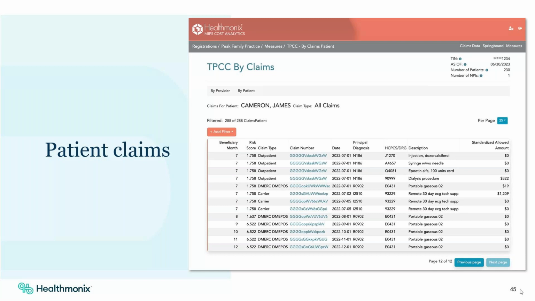And now with that higher score, that's going to adjust the cost in a different way. In this case, your expected cost will be higher for a higher risk patient. So your score will be a little more forgiving for patients with a score like a 6.5. Next slide.